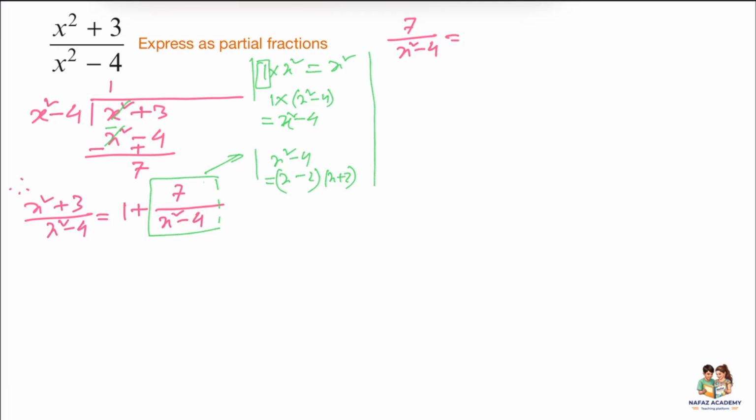So at first write 7 over x square minus 4 equals, what is the expansion? X minus 2 and x plus 2, right? Yes.